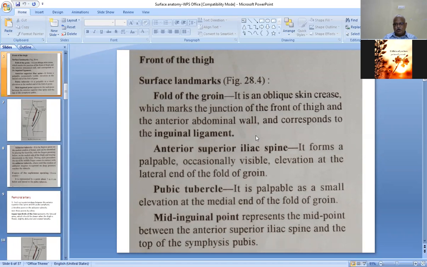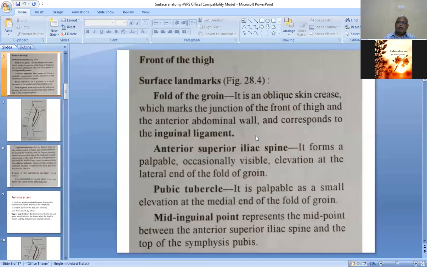The midpoint of the inguinal ligament and the mid-inguinal point are entirely different, because the inguinal ligament is present between the anterior superior iliac spine laterally and the pubic tubercle medially. Whereas the mid-inguinal point comes from the anterior superior iliac spine to the top of the pubic symphysis, that is a little beyond the pubic tubercle.